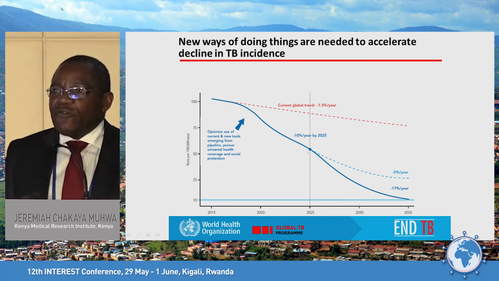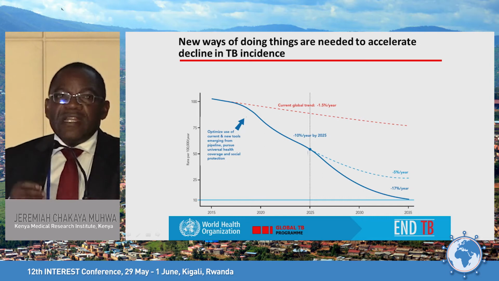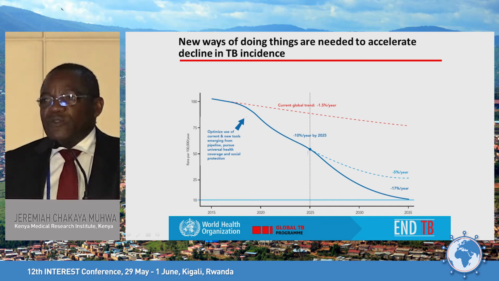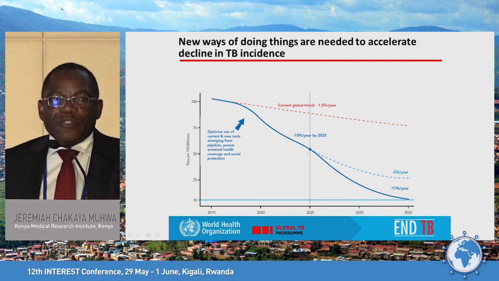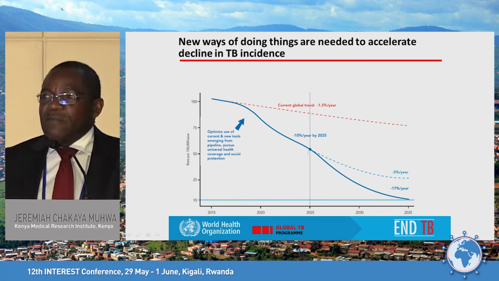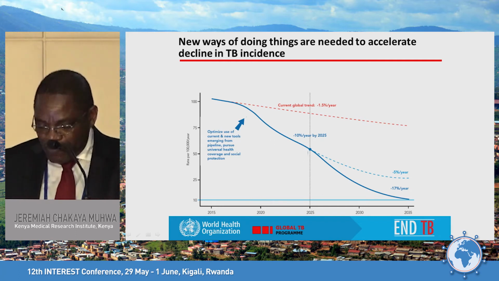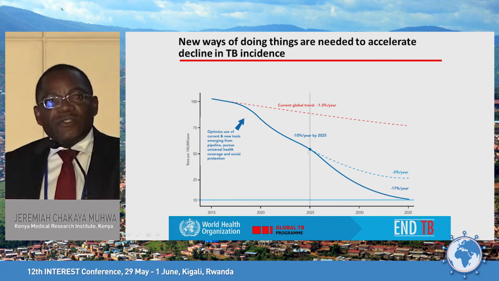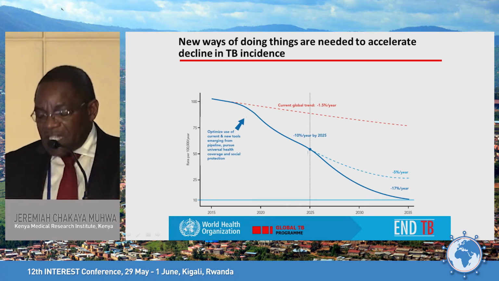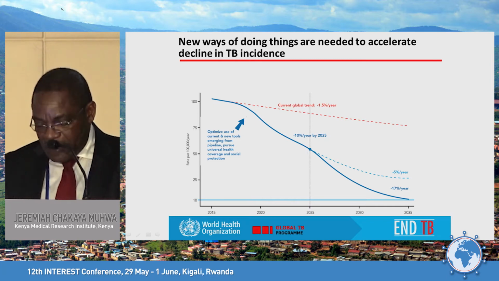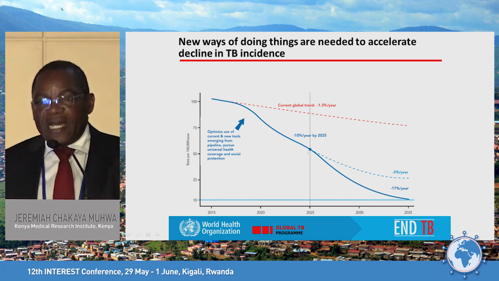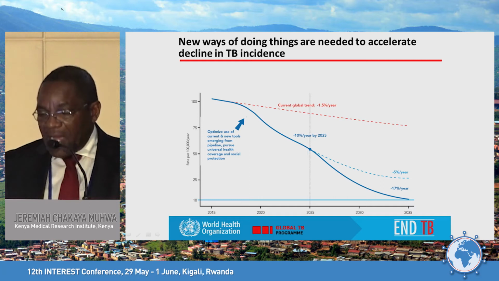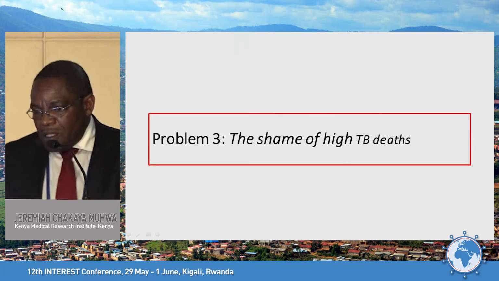And if we are going to follow that trajectory, we will never be able to end TB by 2030. We will definitely not end it by 2050. We will probably require another 100 years before we manage to control this disease. So we need to accelerate the reduction in TB incidence by doing a number of things that are highlighted there.